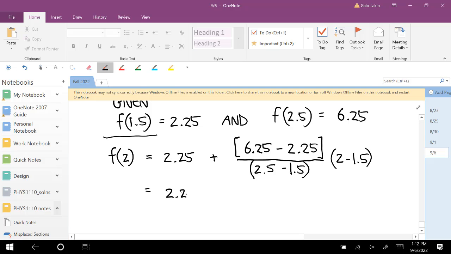And so you get 2.25 plus 4 divided by 1 times 0.5, and you get 4.25.